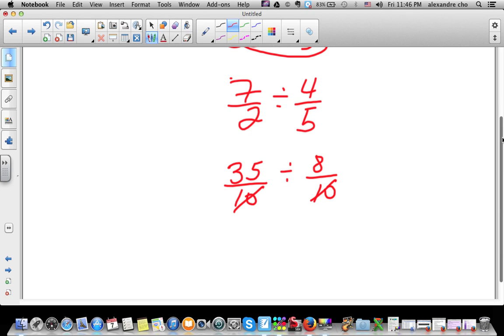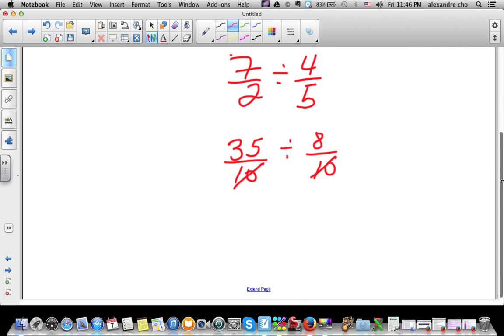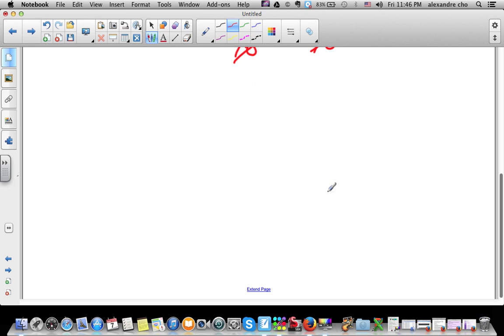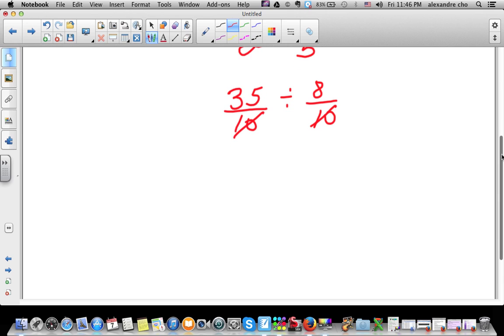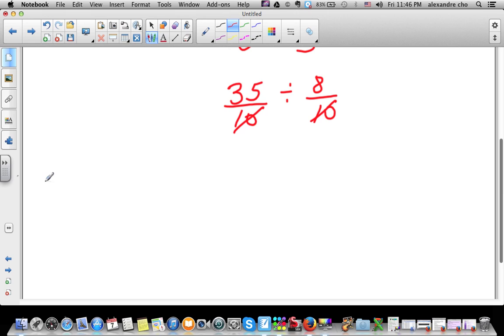So let's draw this, because that might be the difficult part of the problem. 35 tenths. You have 35 pieces, and they're all 1/10 size each. So what does that mean? Let's see if I can get that in 10. 1, 2, 3, 4, 5, 6, 7, 8, 9, 10.